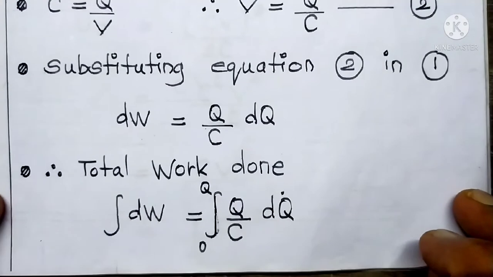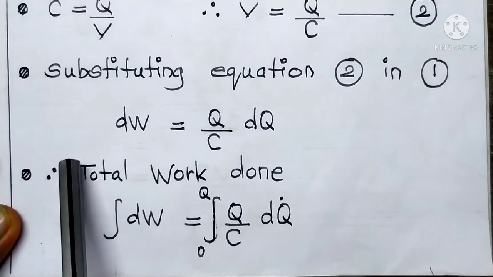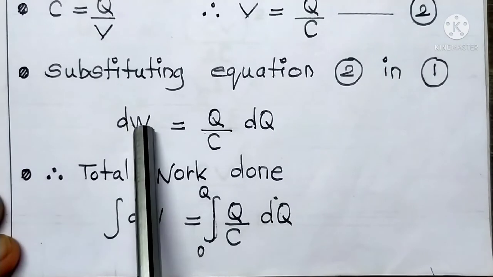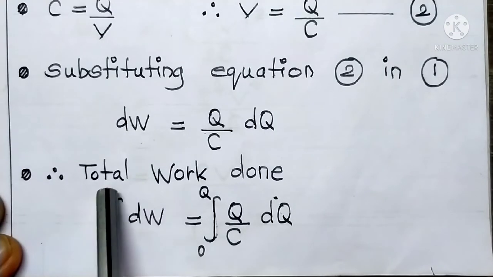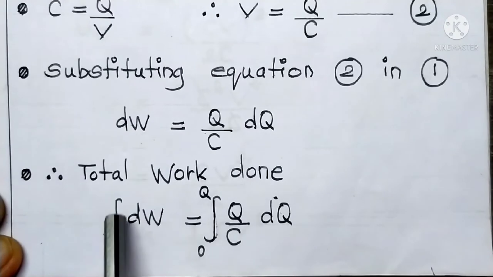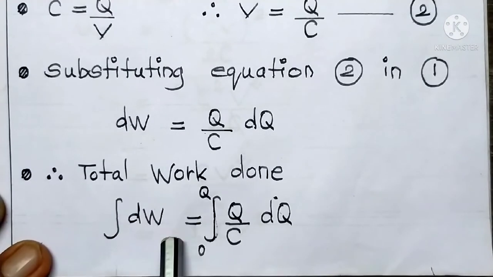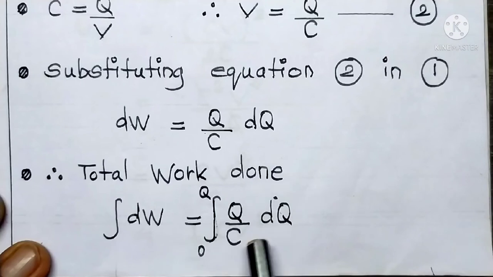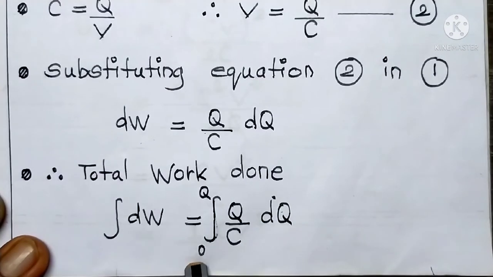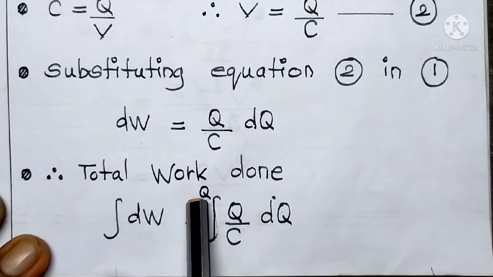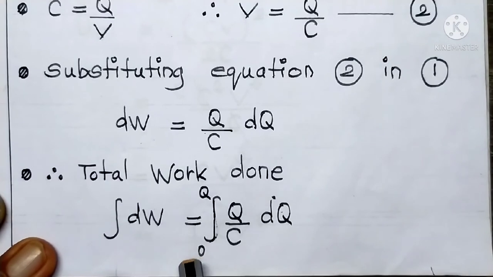Now we are going to calculate the total work done. From smaller to bigger, so we need to integrate this equation. So integration of dW is equal to integration of Q by C dQ. The lower limit is 0 and the upper limit is Q, because in the beginning no charge is transferred, so 0 is taken as the lower limit.